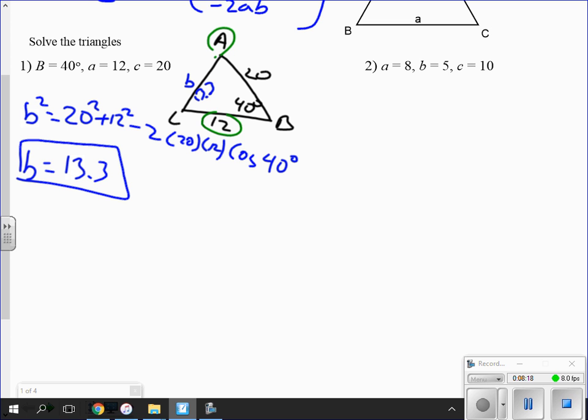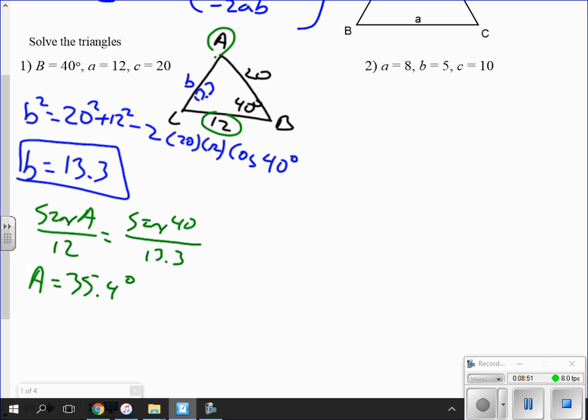So I set it up to solve for A. That means the sine of A over 12 is equal to the sine of 40 over 13.3. And it should come out smaller than 40 degrees because this side is slightly smaller than that side. So you work it out, solve for A, and you get 35.4 degrees.